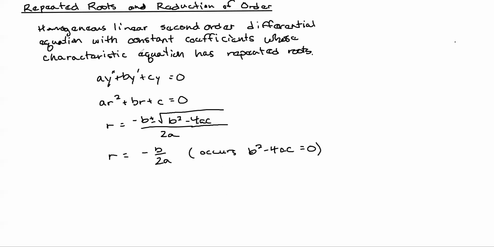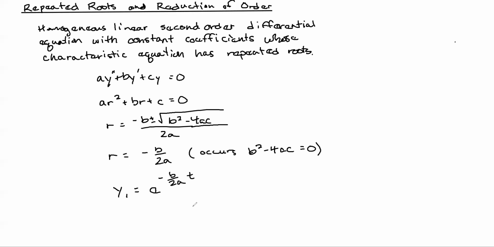Okay, so suppose we have a homogeneous linear second order differential equation with constant coefficients, and we get a single solution, a repeated root of the characteristic equation. What happens then? Up to this point in our previous videos, every time we solved a characteristic equation, we took the solution and plugged it in as the exponent of an exponential function along with t, and said that it gives us the form of a solution.